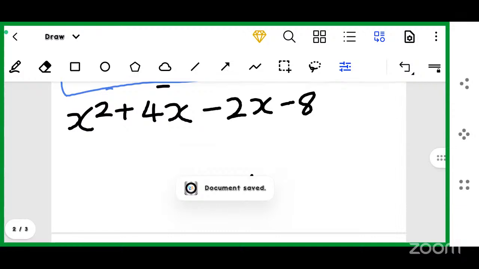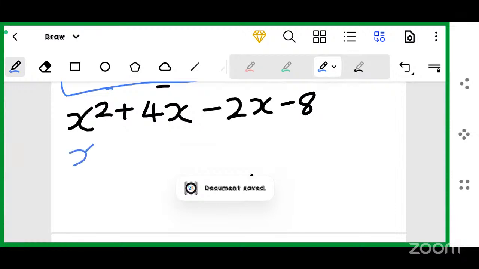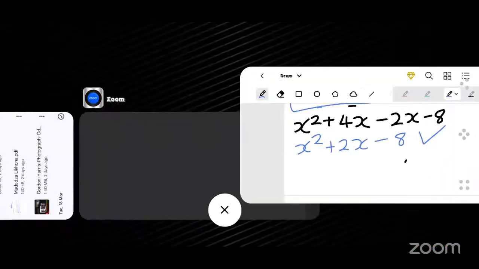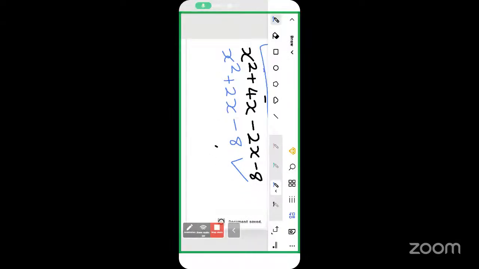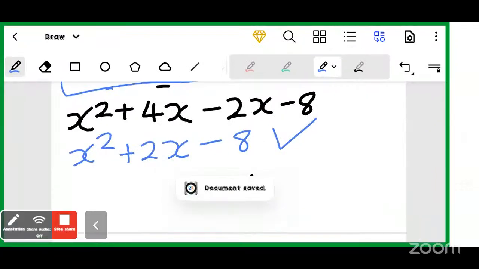So what are you going to have afterwards? It's going to be x squared plus 2x minus 8. Okay, perfect, this is actually correct. So are you sorted? Are we all okay with this part? Yes, ma'am.